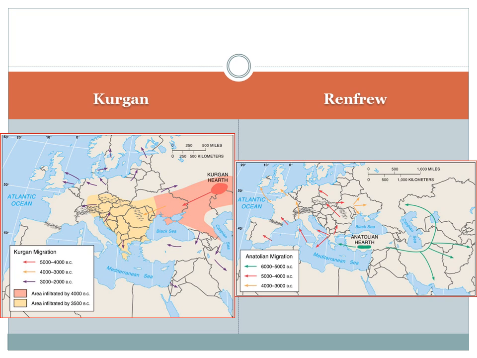And on the right-hand side of the screen, we have the Renfrew hypothesis, and that is the sedentary farmer hypothesis, that as agricultural technology diffused out of the Anatolian Hearth, what is now modern-day Turkey, it diffused in different directions.